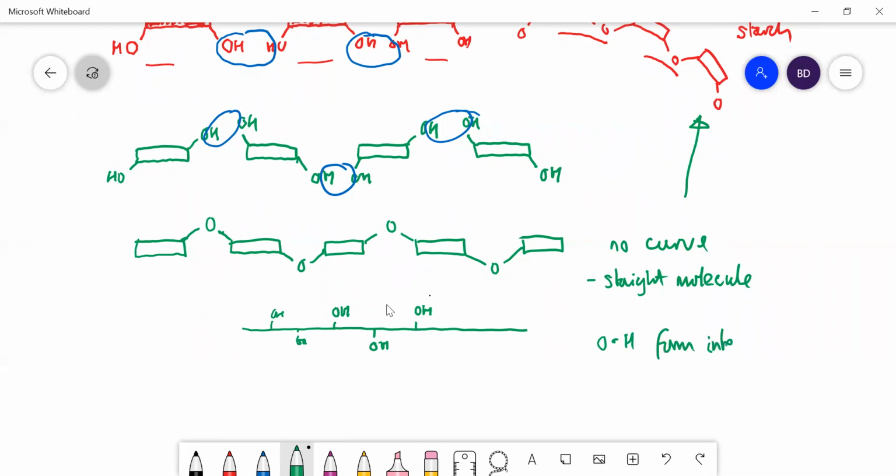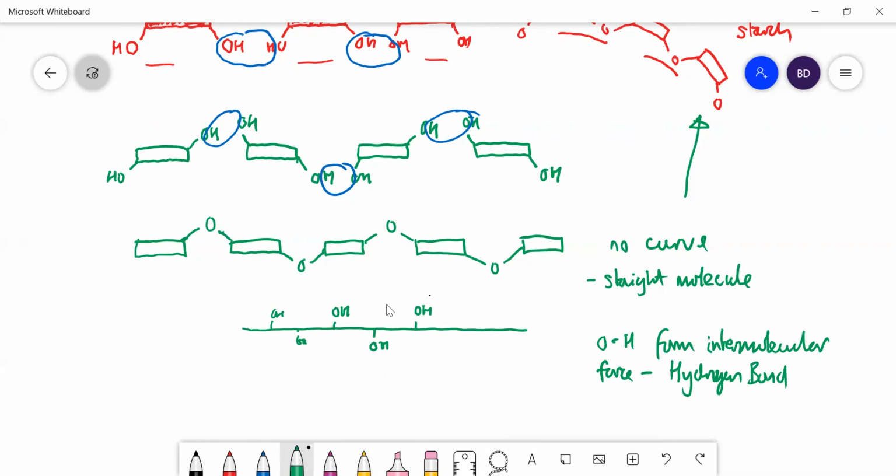Not covalent bonds, but intermolecular forces. And it's a particularly strong sort of intermolecular force called a hydrogen bond, which is a bit of a confusing name because it sounds like it's a covalent bond, but hydrogen bonds are not covalent bonds, they're intermolecular forces. You've probably come across them before, when we were talking about DNA, and about why water has a high boiling point, but they're strong intermolecular forces.